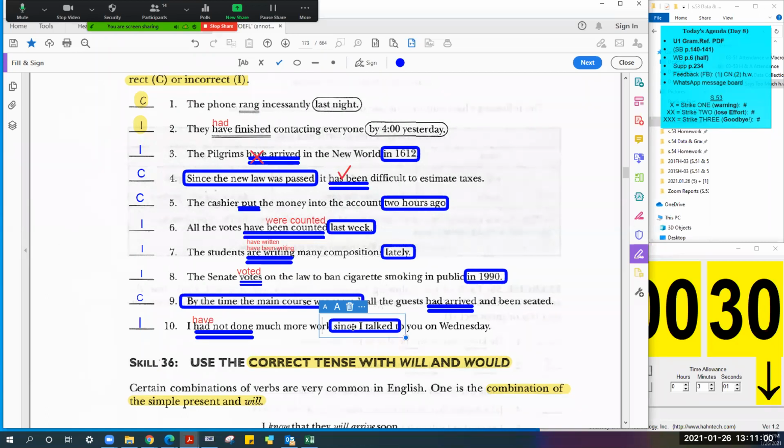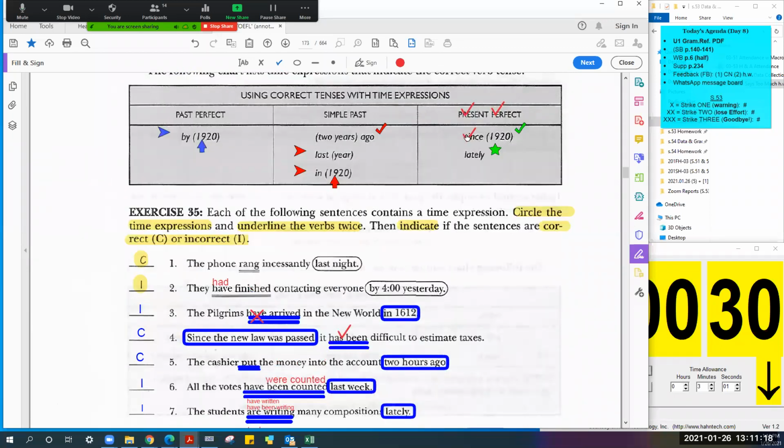So that's why we use it. In this one, "since I talked" is in the past, but this one should be present perfect. If you see the example "since 1920," is 1920 right now? Of course not.